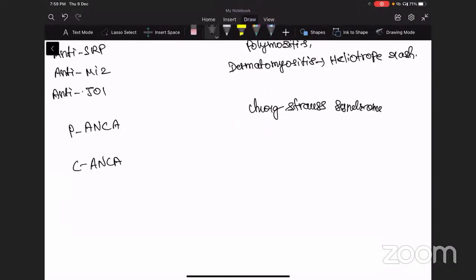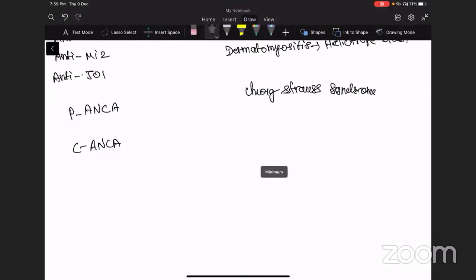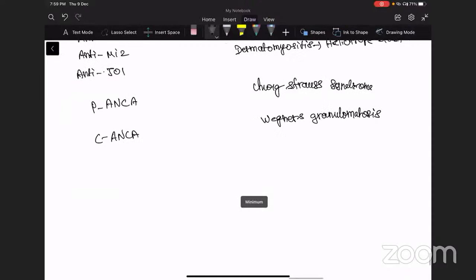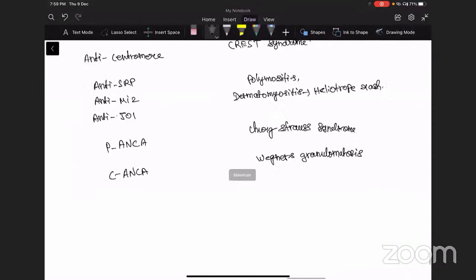Correct answer, Habib Bilal. Very good. Heliotrope rash is seen with dermatomyositis. Granulomatosis, this is with antibodies.